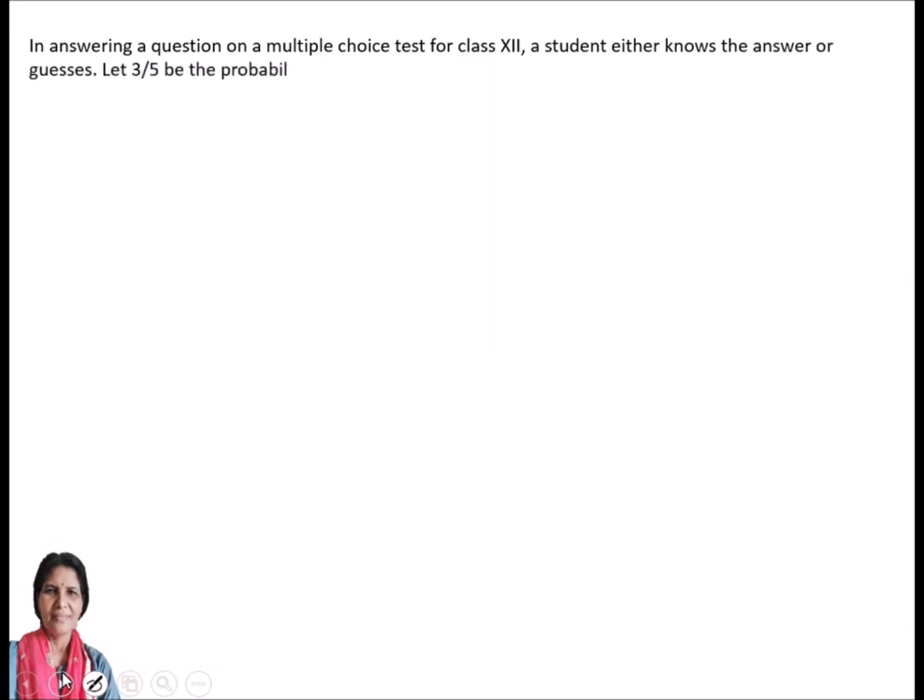So the question is, in answering a question on a multiple choice test for class 12, a student either knows the answer or he guesses. Let 3 by 5 be the probability that he knows the answer, and 2 by 5 be the probability that he guesses the answer.